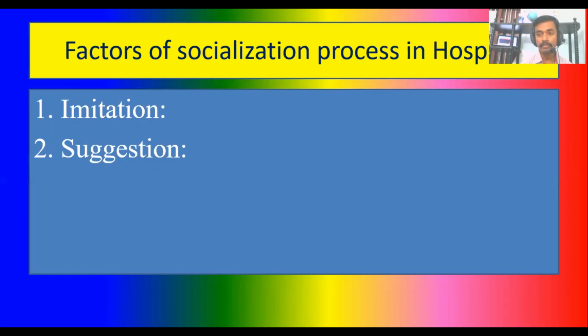BP, temperature, pulse, yes, breathing, etc. So doctors depend upon this nursing suggestion, and only then take the decision which type of treatment is needed, then prescribe medicines, etc. Third one, identification.